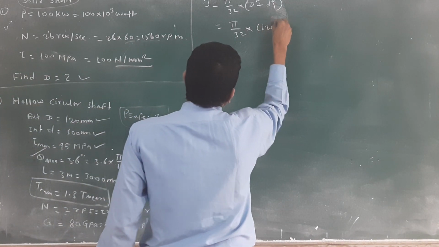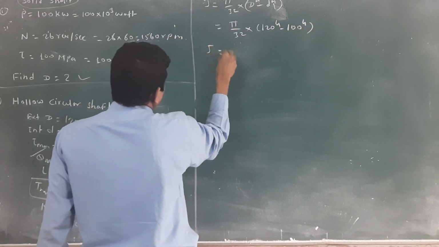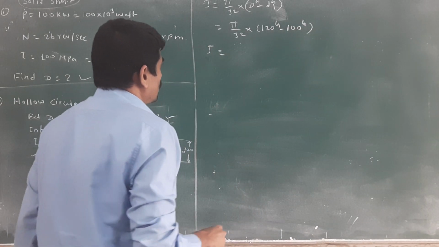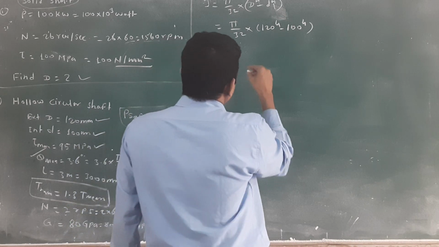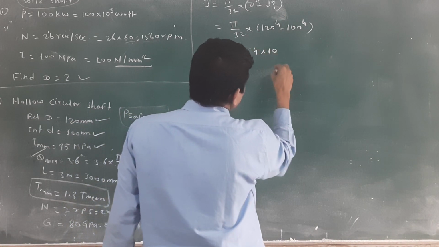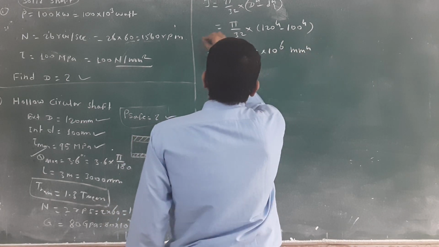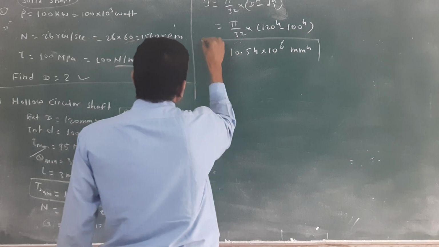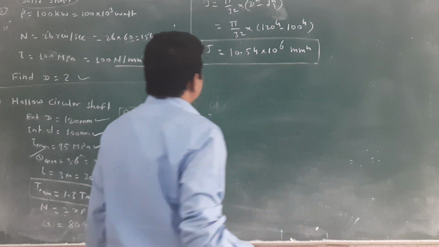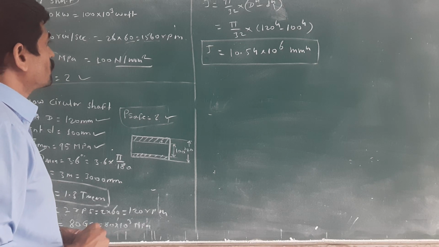So 120 raised to 4 minus 100 raised to 4. You will get J is equal to 10.54 into 10 raised to 6. What is the unit? Yes, mm raised to 4. J is equal to 10.54 into 10 raised to 6 mm raised to 4.